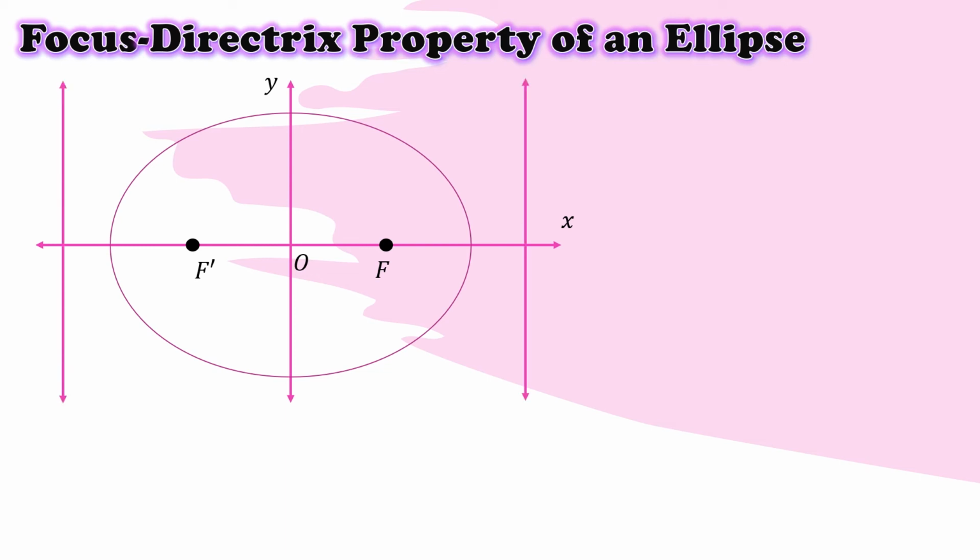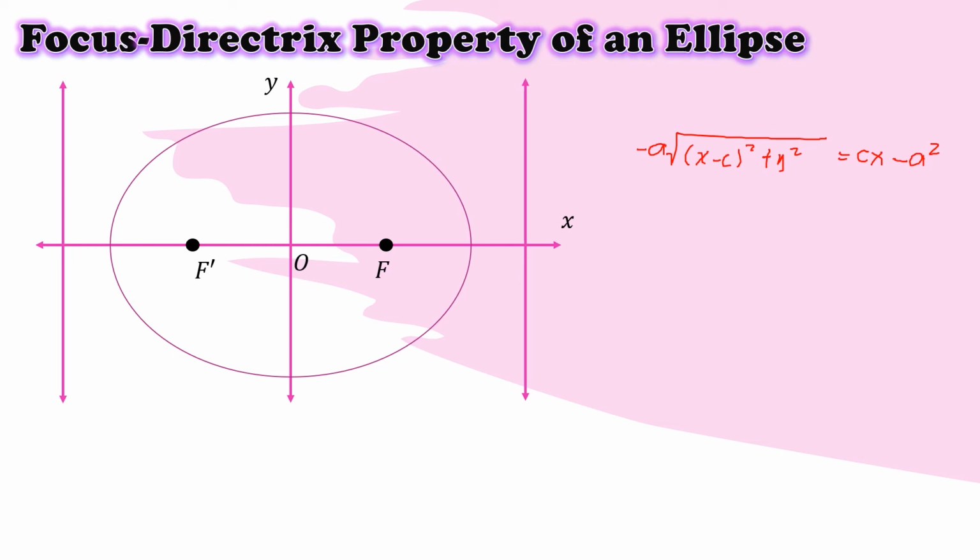In deriving the equation of an ellipse, we arrived at the equation negative a times the square root of (x minus c) squared plus y squared equals cx minus a squared. This equation implies the existence of a directrix, which is evident after a slight algebraic manipulation.